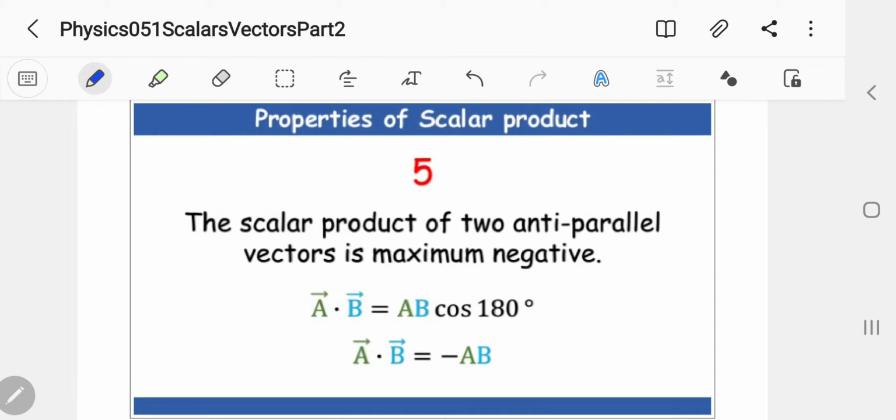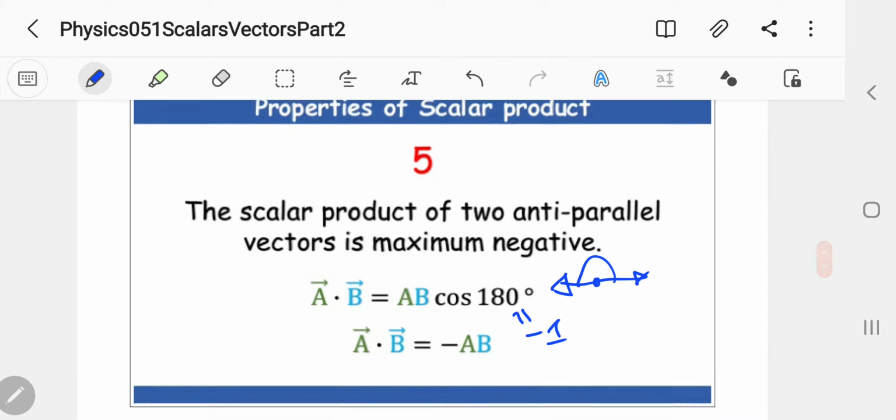For two antiparallel vectors, one vector would be here and the other vector would be here, and so the angle is 180, and the cosine of 180 is equal to -1. So the scalar product of two antiparallel vectors is negative, and this is just equal to the negative of the product of the magnitude of A and the magnitude of B.